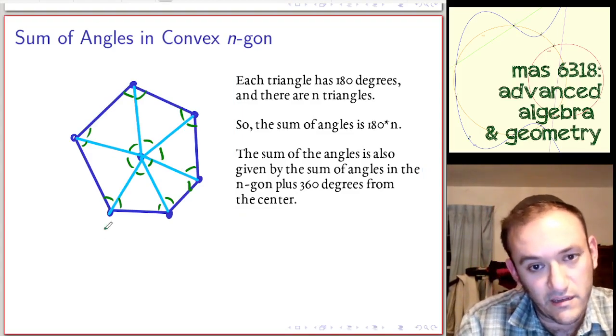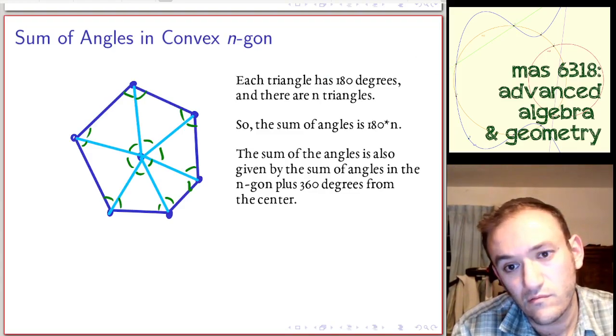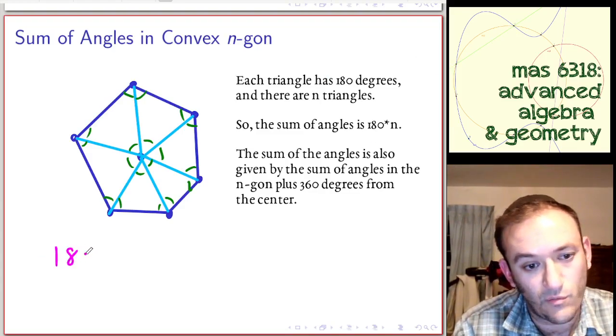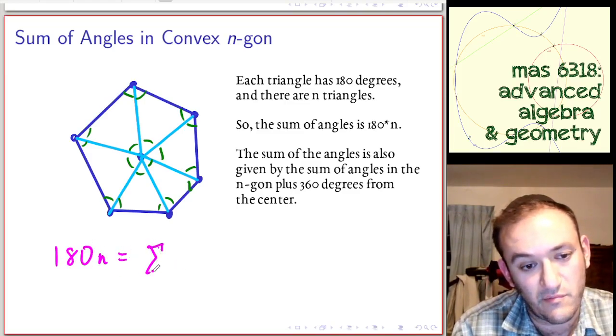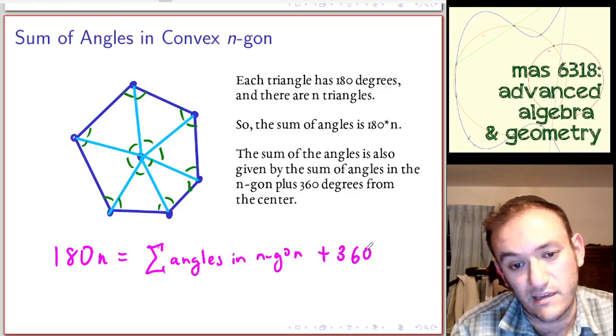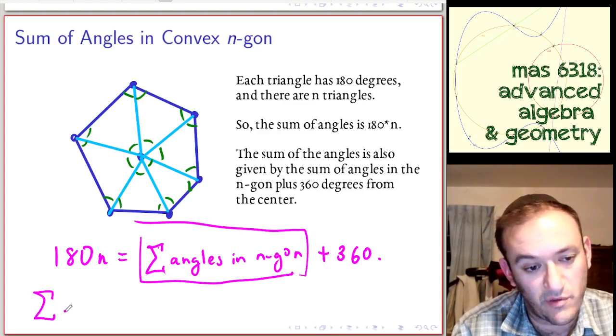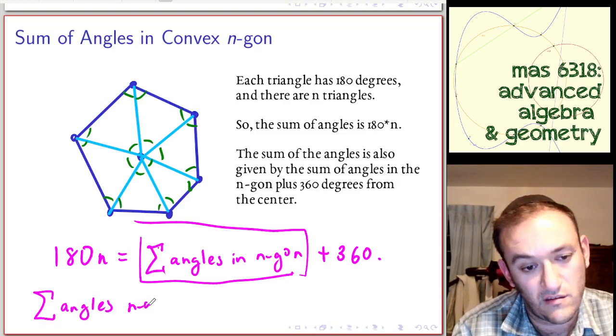It means that 180 times n is equal to the sum of the angles in an N-Gon plus 360.